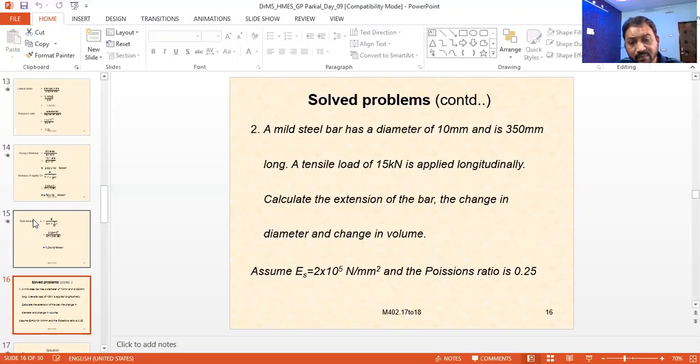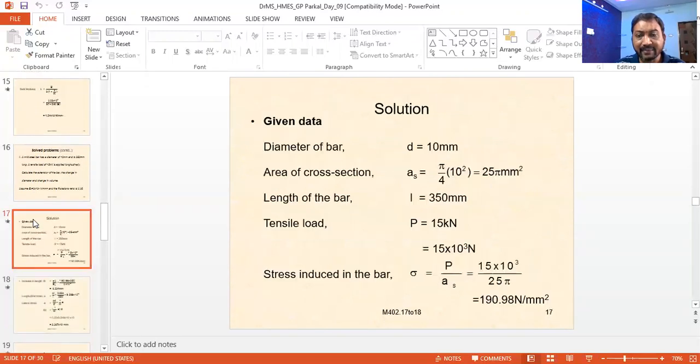Assume Young's modulus for the steel, Es, is equal to 2 into 10 power 5 newtons per square millimeter, and the Poisson's ratio is 0.25. This is the given data in the problem.